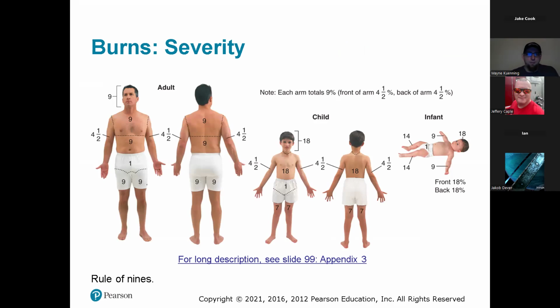I like to teach people that the head is 9, the arms are 9, the front and back of each leg are 9, and then the chest and back is 18, and then the genitalia is 1%. It does change for infants and children a little bit, mostly in the legs and head. I would study this. This is typically tested pretty heavily.